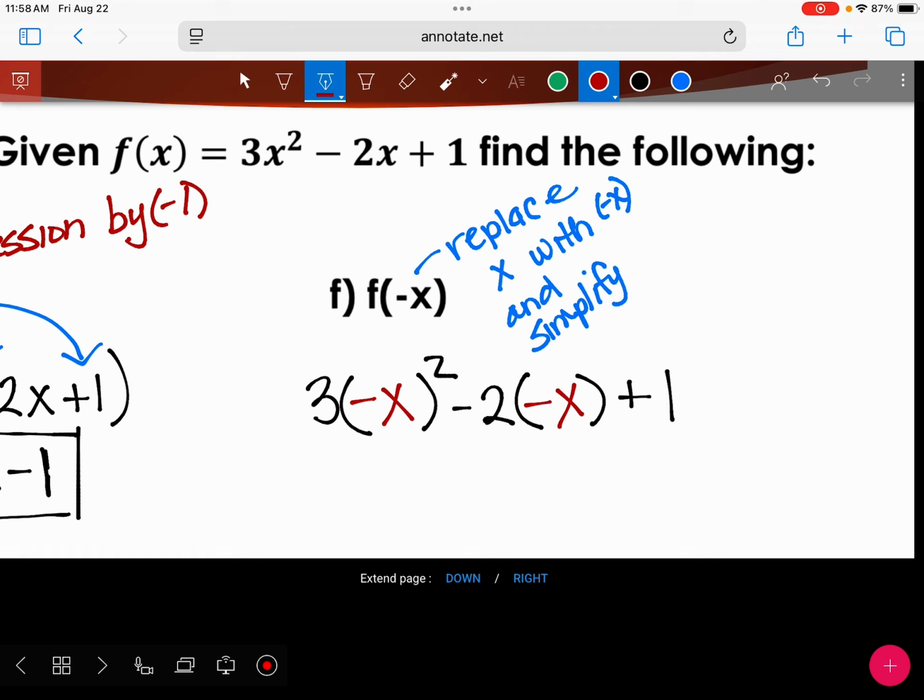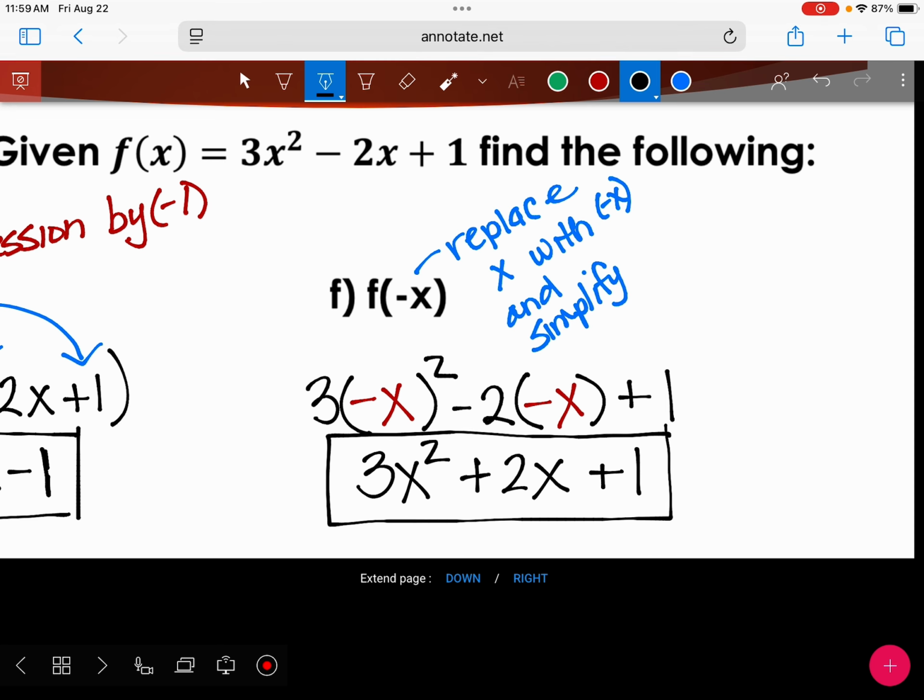So we're going to follow order of operations. What's going to happen to this? So remember, there's two different things in here. I have an invisible -1 and I have an x. So -1 times -1 is +1. x times x is x squared. So this just becomes 3x squared. -2 times -x is +2x plus 1. That would be your answer.